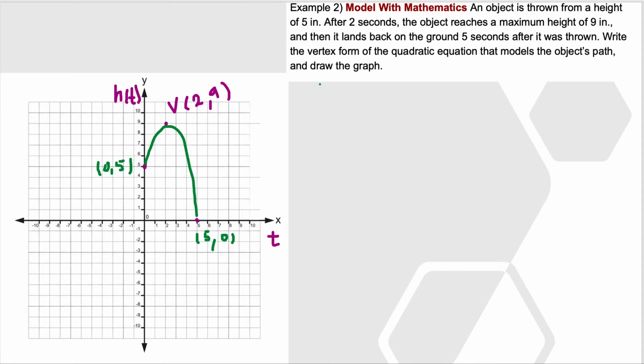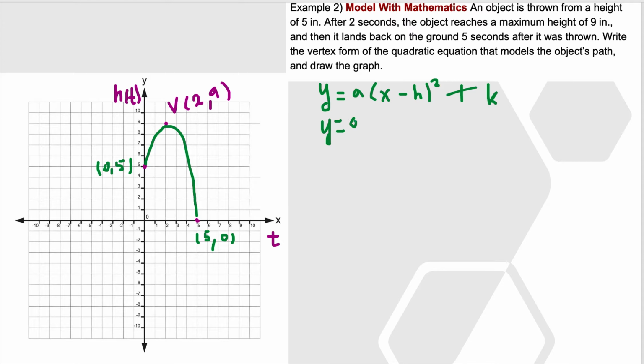And now we already know the formula for the vertex form of a quadratic equation. Vertex form is y is equal to a times (x minus h) squared plus k. We already know this formula. Let me do one step at a time, and we are going to plug in here.